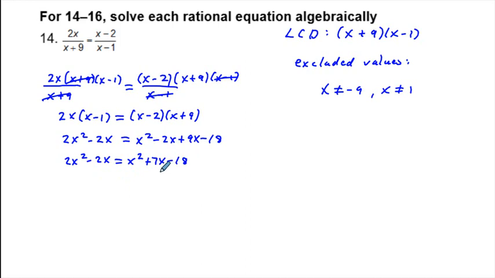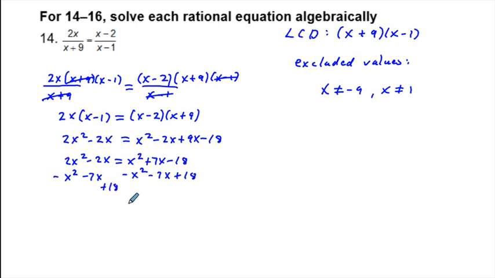And now we're going to go ahead and move this right side over to the left side. Subtract x squared, subtract 7x, and add 18.